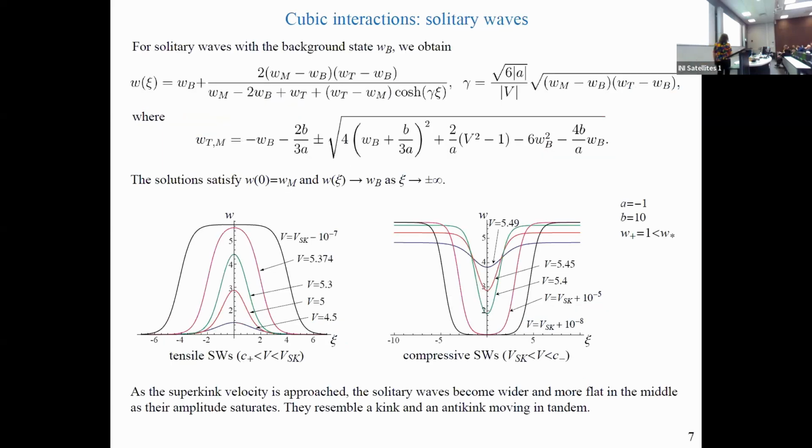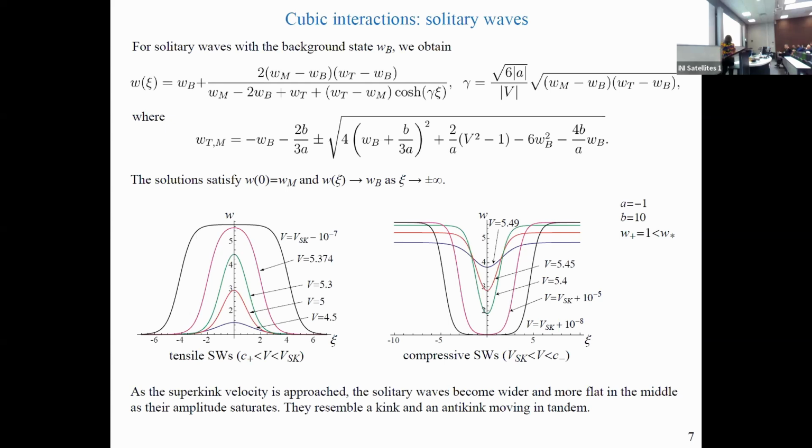Then for solitary waves, things can also be easily computed. So you obtain this type of solitary profile, which tends to the background state that I already mentioned. In one case it's just W plus, in the other case it depends on the velocity. So for tensile waves, for example, here you have profiles of different velocities going from the sonic limit up to almost the super kink limit.